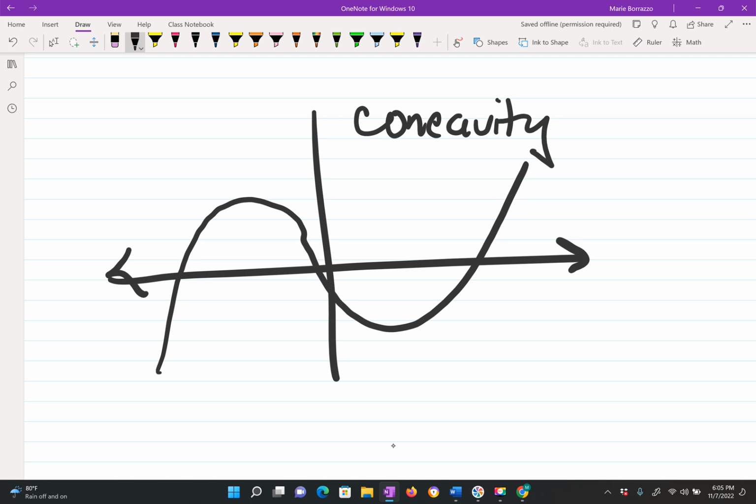And you're going to tell me the interval. So for example, let's say this is -1 and let's say this is -8. Which interval is this concave downward?